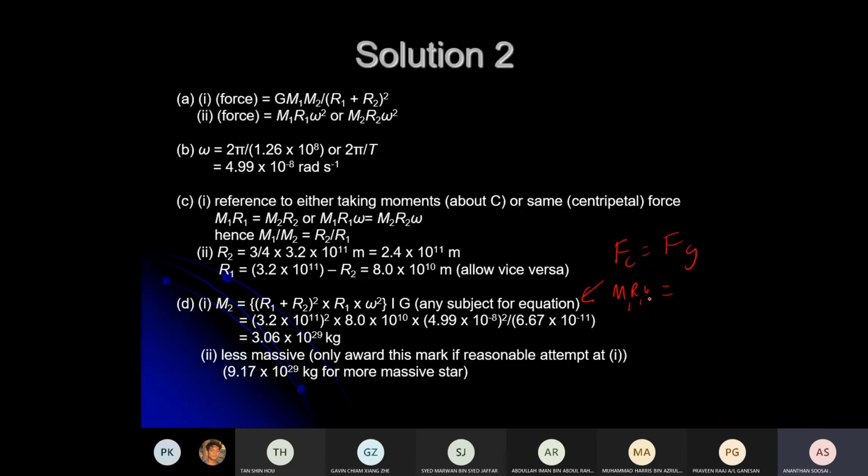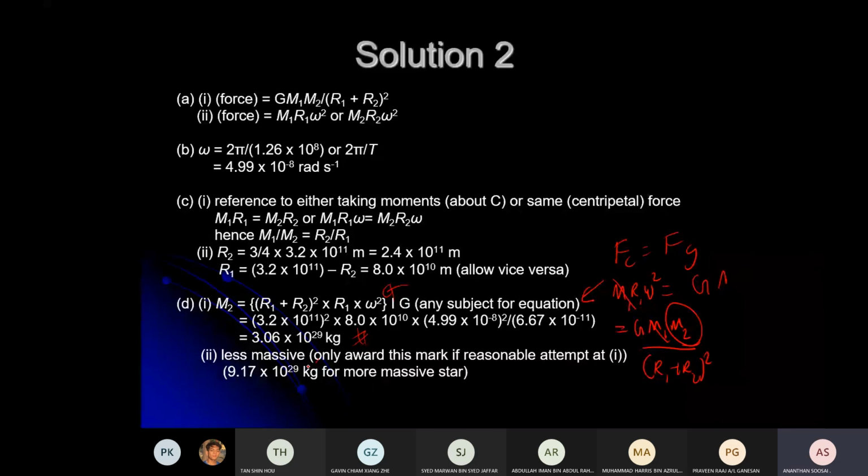M1 R1 omega squared equals G M1 M2 over R1 plus R2 squared. From here you get the first line. So from here you can work out the mass because M1 cancels. You can get the M2 value. R1, R2, you know already. So you can find the mass.